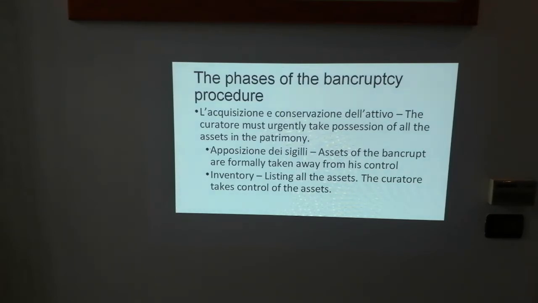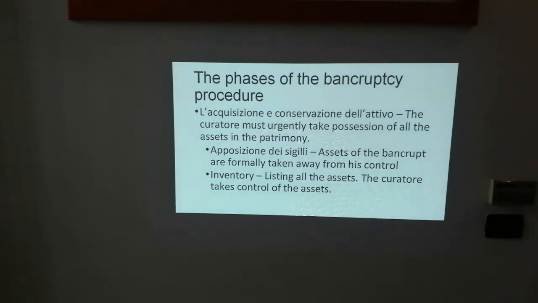So they're no longer in the possession of the original owner, even though the original owner still owns the assets legally. So then there will be an inventory listing all the assets, so that the curatore must know what assets are available, maybe to be sold or used in some way to generate more money.